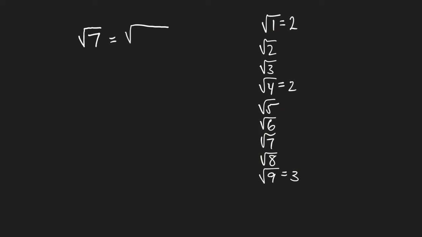Now, 7 is closer to 9 than it is to 4, so we're going to use 9, although you could use 4. So I'll just use the square root of 9, and then you have to subtract 2 to get to 7. So 7 is the same thing as 9 minus 2.